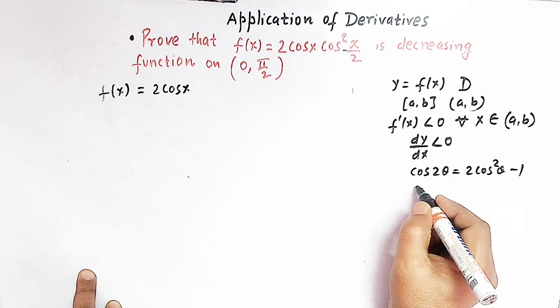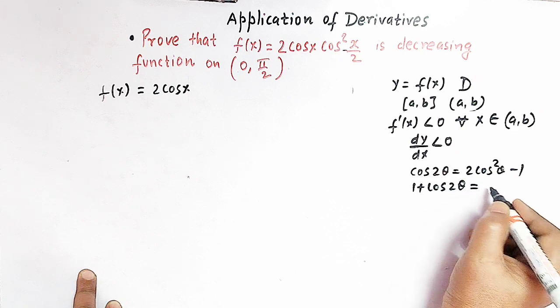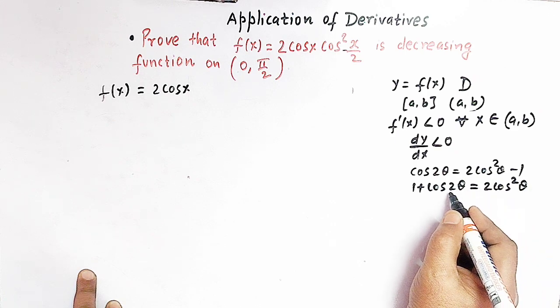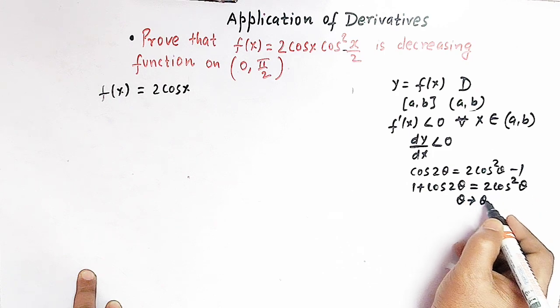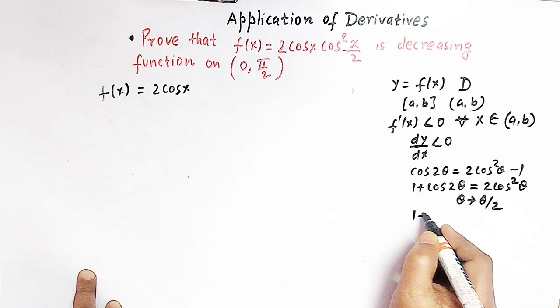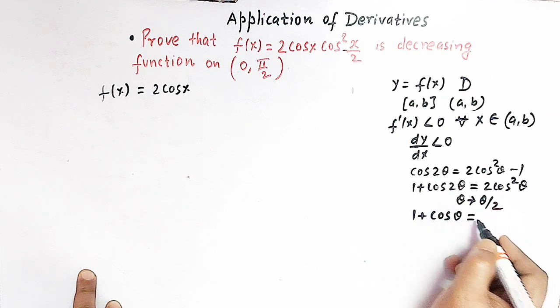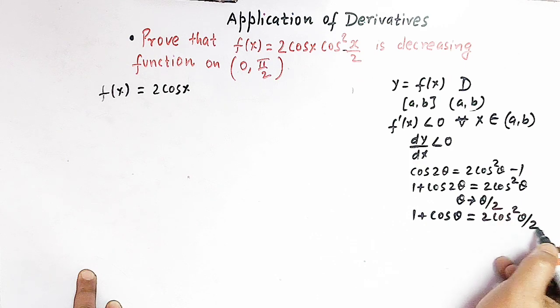So taking minus 1 to this side, we have 1 plus cos 2 theta is equal to 2 cos square theta. Now if we replace theta by theta over 2, then we have this expression: 1 plus cos theta is equal to 2 times cos square theta over 2.